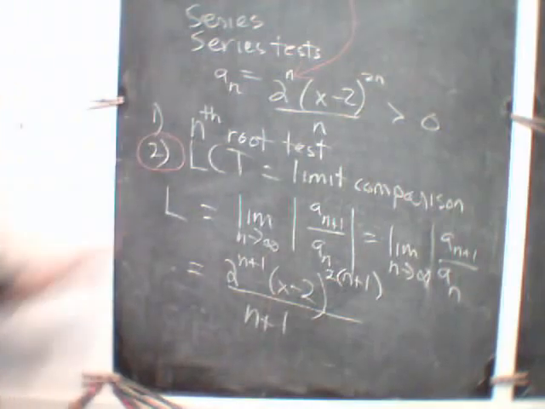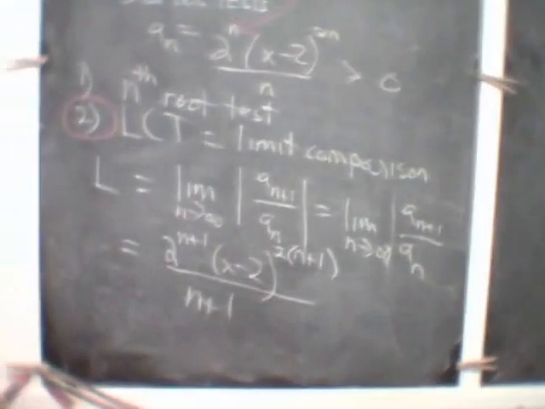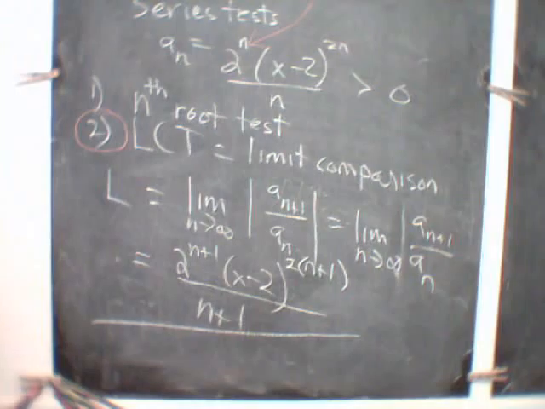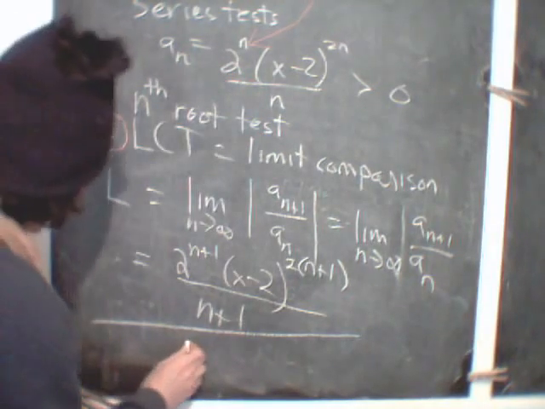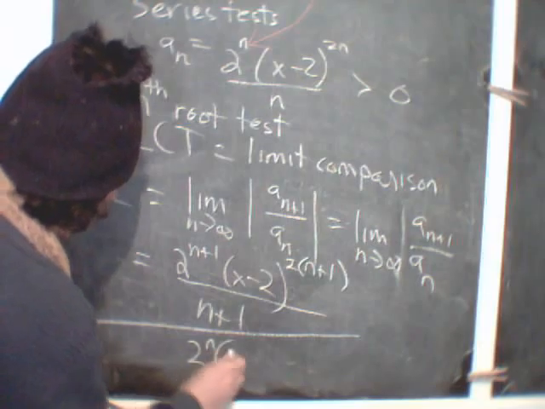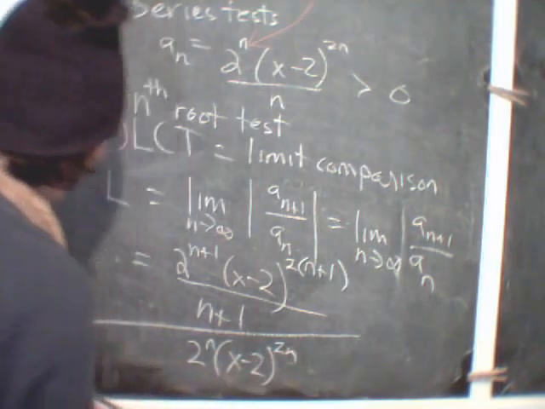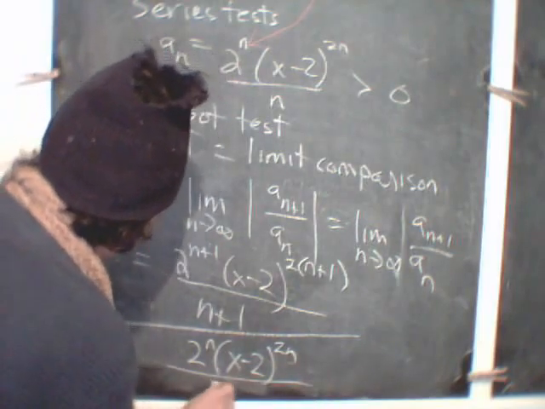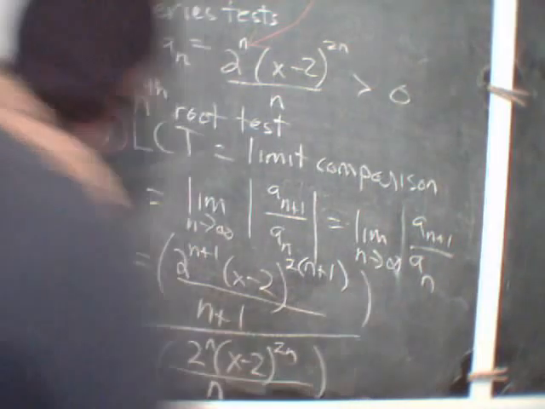See, that's the n plus 1 part. And then on the bottom we're going to have this factor right here, 2^n (x minus 2)^(2n), divided by n. So we have a big numerator and a big denominator.